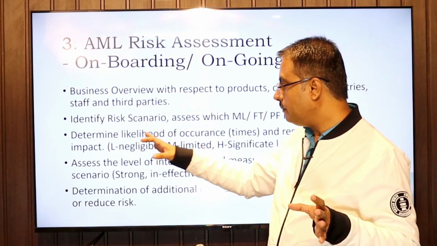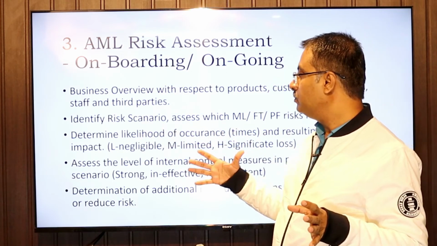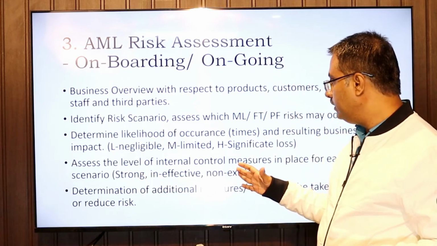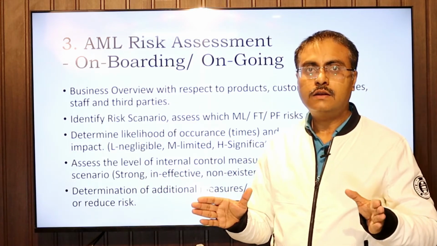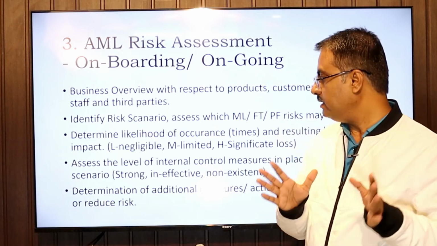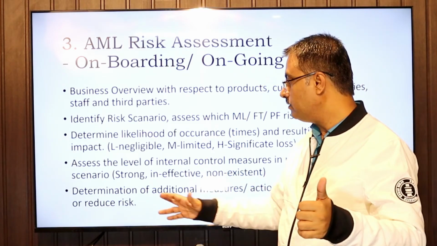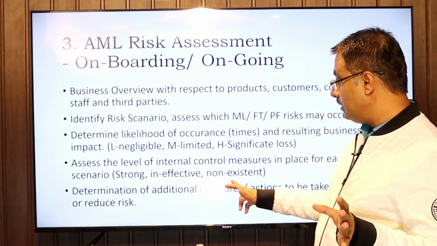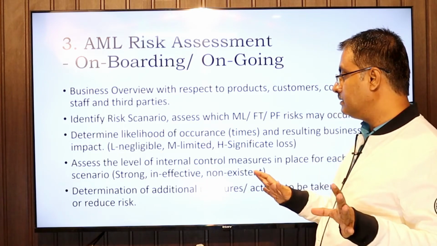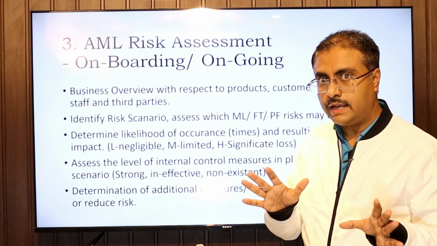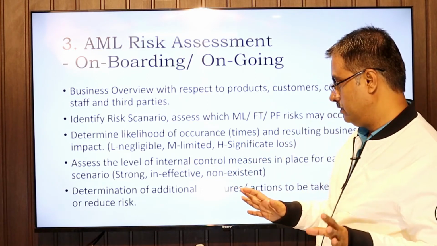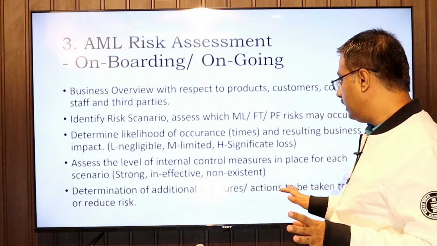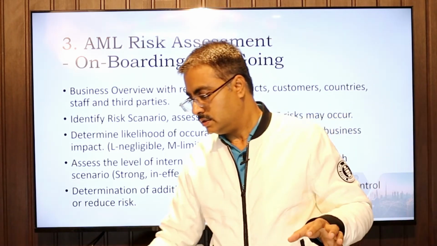So you have to determine the status of those risks, and assess the level of internal control, whether the internal control exists in your organization, and whether it is strong or ineffective. If internal control does not exist in the organization, you have to check as a compliance officer. So determine additional measures or actions to be taken to reduce the risks.